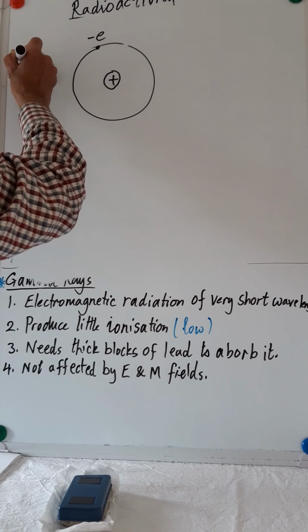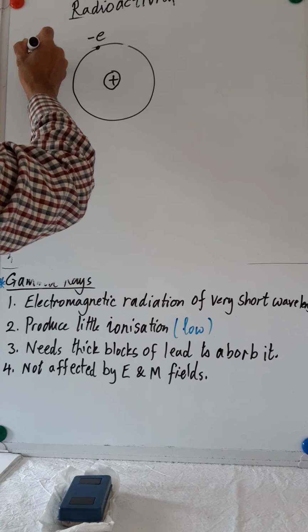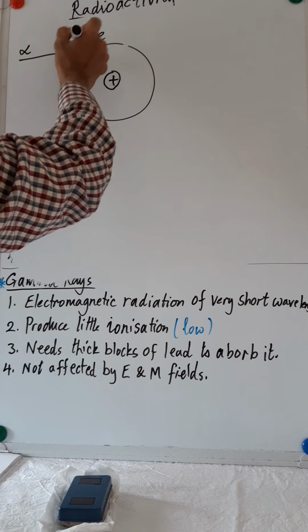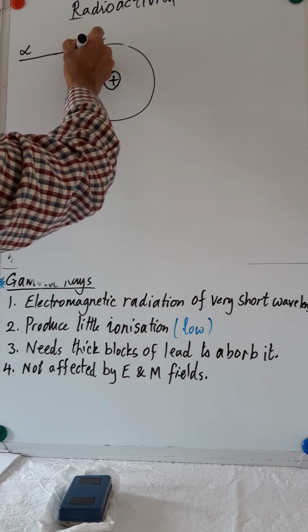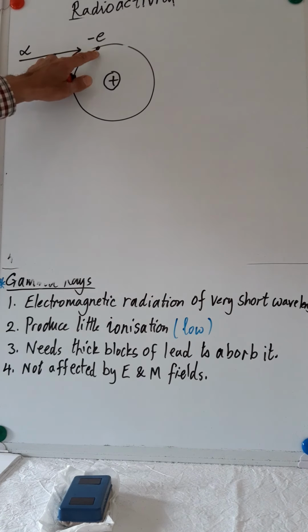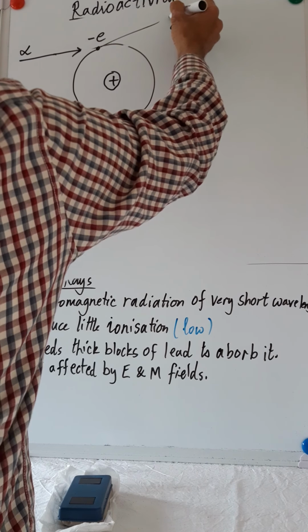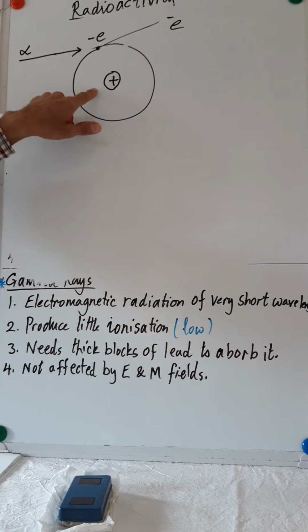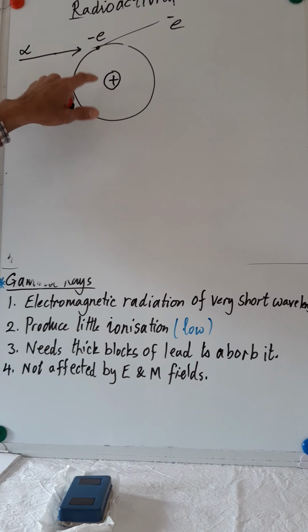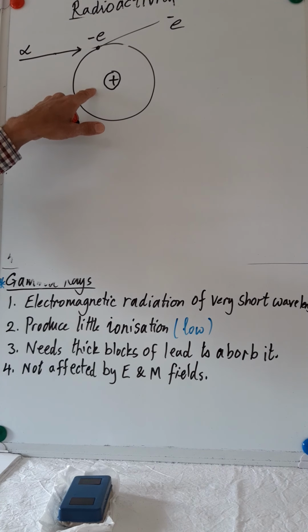Now, when an alpha particle, it could be beta or gamma, comes and strikes the electron, it knocks the electron out of the atom. Now, the atom will be left with one less negative charge. That means it will have one extra positive charge.